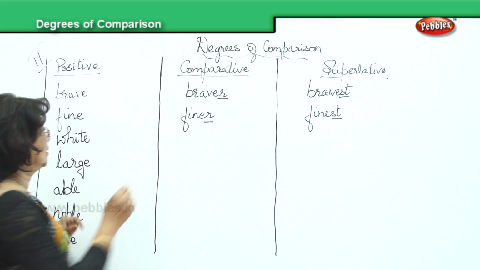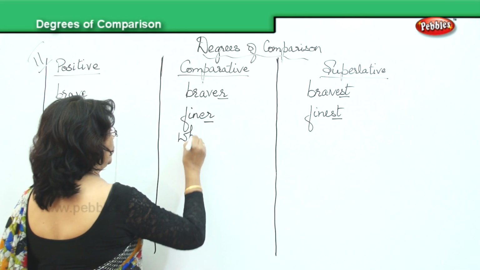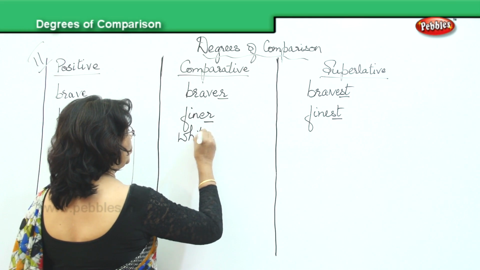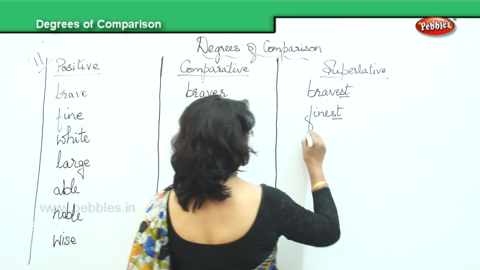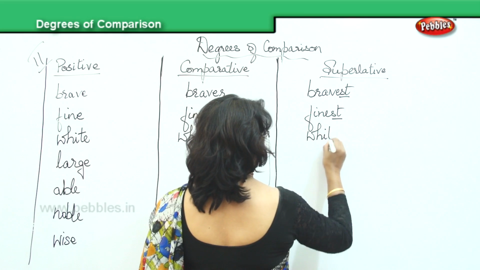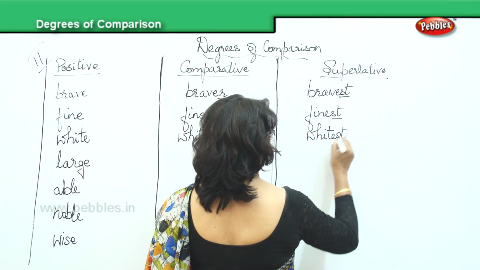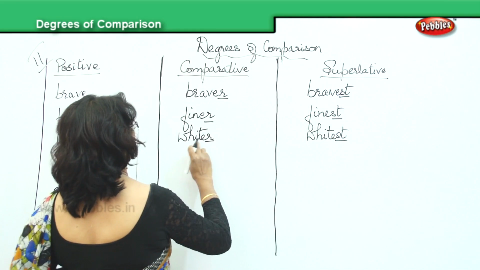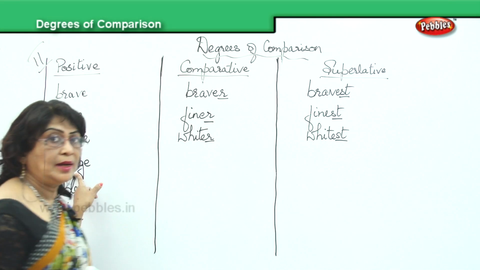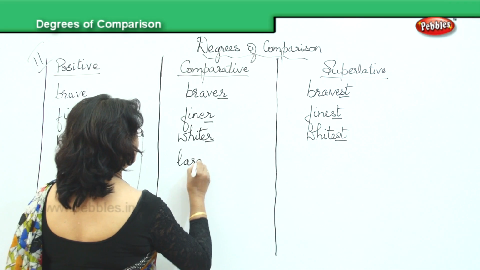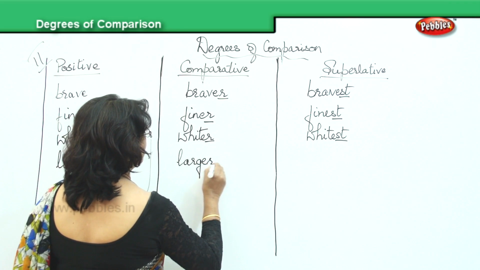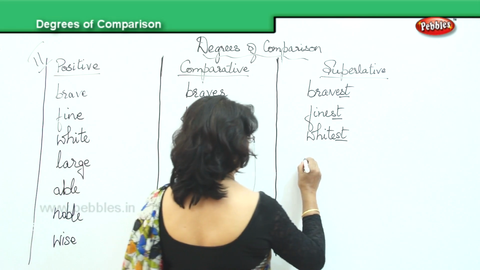White, whiter than snow, we say. Whiter, whitest. Next one, large, larger, and largest.